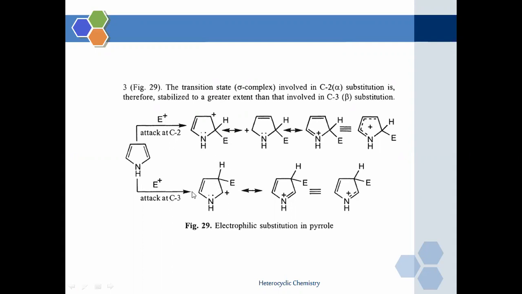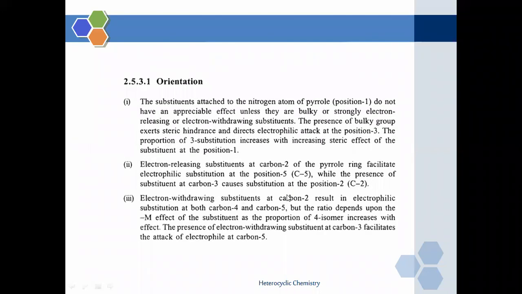Substitution at the third position will happen to a lesser extent, because the substituted product will not be stable. It is unstable. That's why in the majority of cases, substitution happens at the second position. So if it is attacked at the second position, the substituted product will be stable with respect to the substitution at the third position.